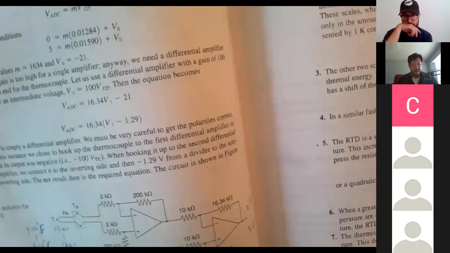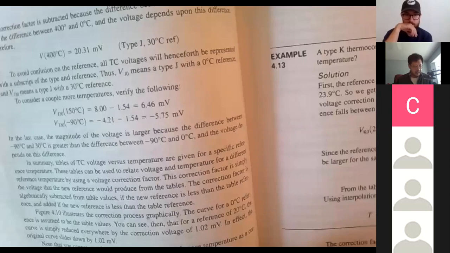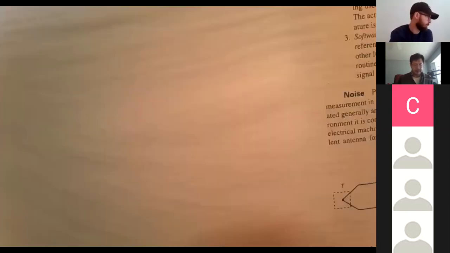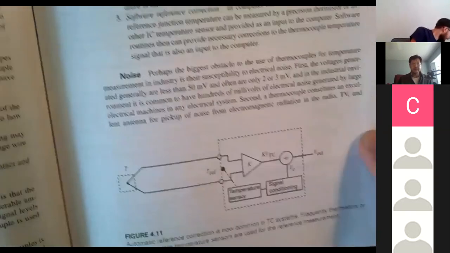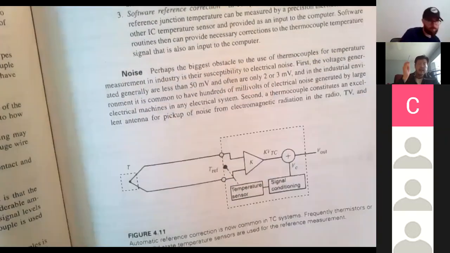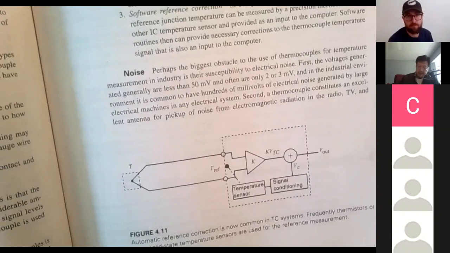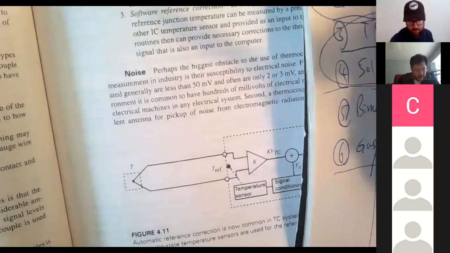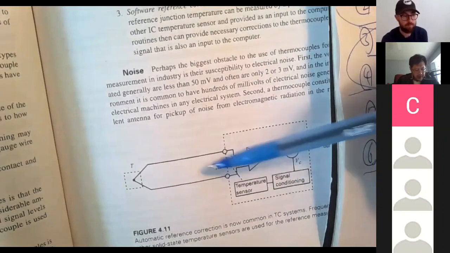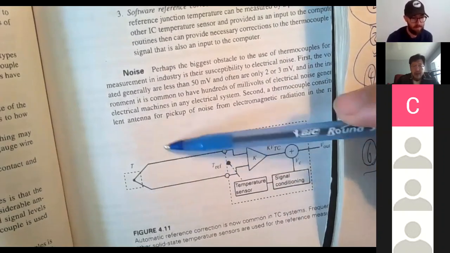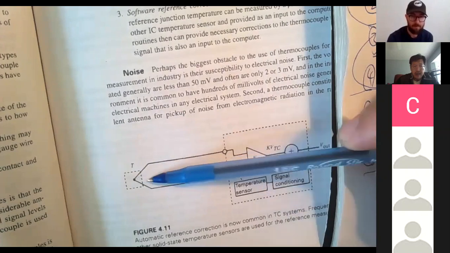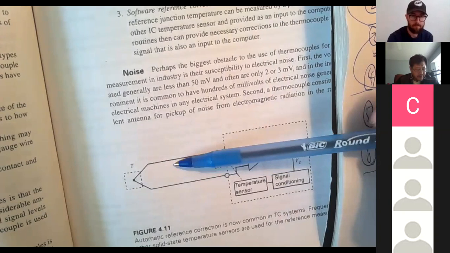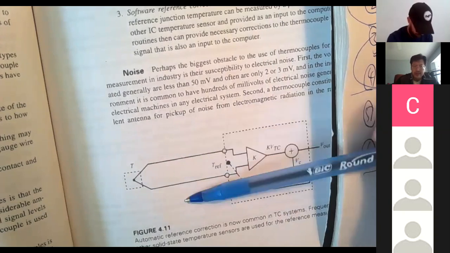So that's thermocouple. The last problem with thermocouple is another problem in the real world. That's noise. Because the input voltage, we are talking about millis and micros, and this sensor is always very close to a lot of heavy instruments, a lot of power, a lot of electrical noise.